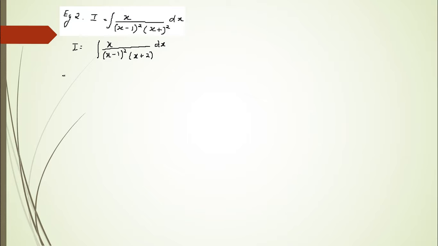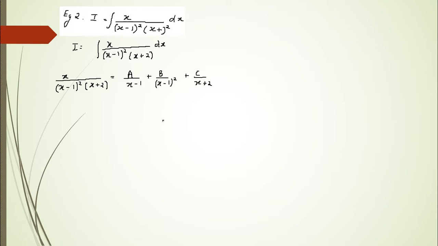Therefore now x by x minus 1 whole square into x plus 2 can be written in the form of a by x minus 1, right, plus b divided by x minus 1 whole square plus c divided by x plus 2.